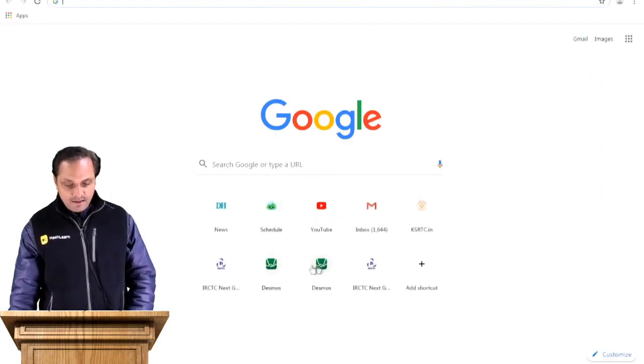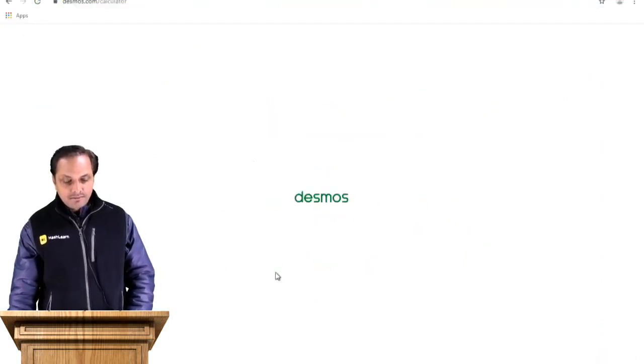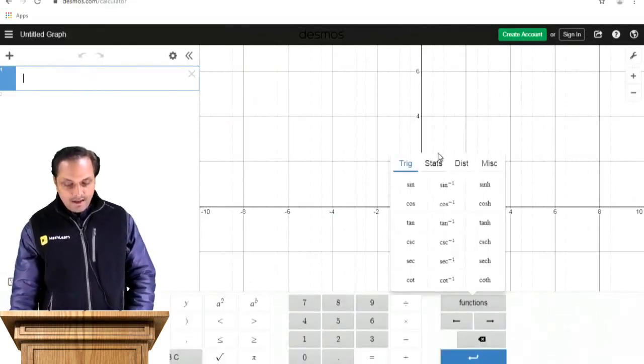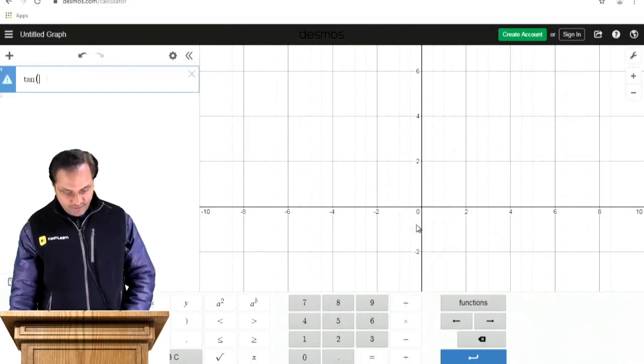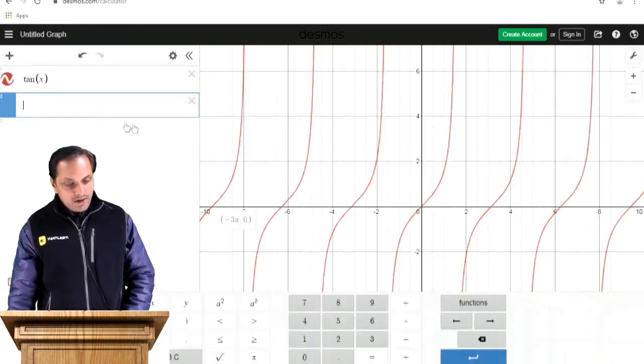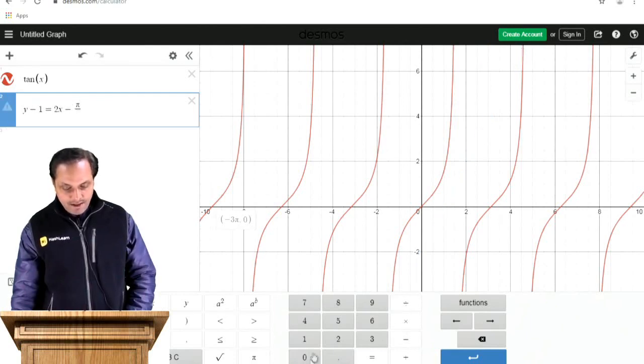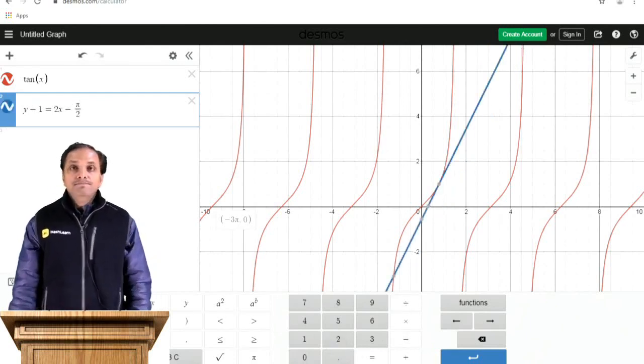So I will take you through the Desmos. You are going to draw y is equal to tan x. Your tan x graph will be like this. And you are drawing y minus 1 is equal to 2x minus pi divided by 2.